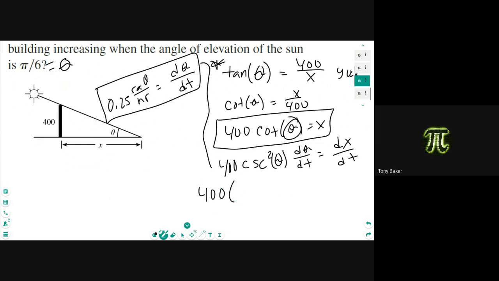So 400 times cosecant squared of pi over 6 times 0.25 equals dx dt.